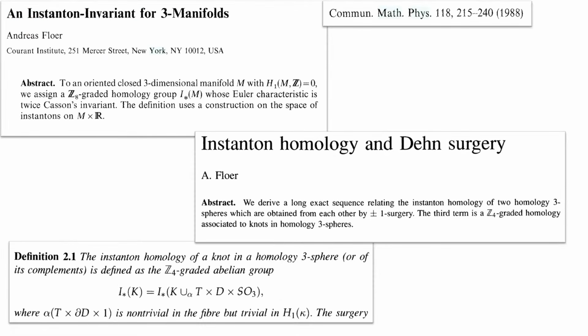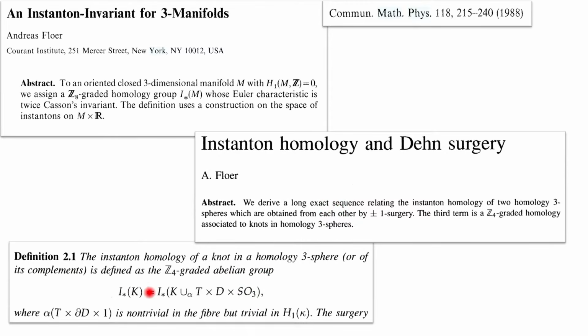And the next character Peter mentioned briefly is instanton Floer homology. So this is Floer's 88 paper where the work comes up. And one thing to notice, he unfortunately passed away too early, and in one of his posthumous papers, which appears in the Floer Memorial volume, he defines the first kind of gauge-theoretic knot homology.